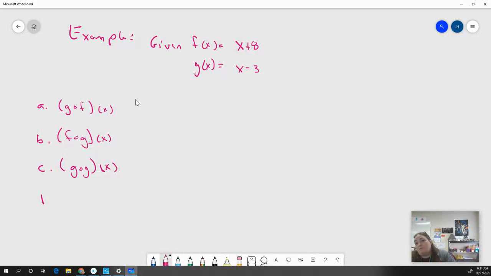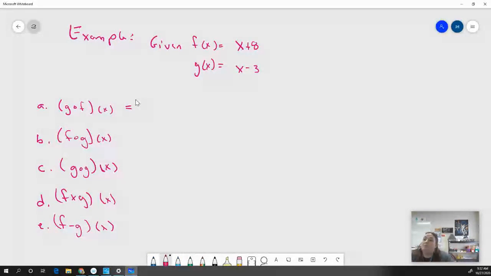And then we'll go D, we'll go with f plus g of x, and we'll go f minus g of x. We'll do each one of these pieces, right? Knowing that f of x equals x plus 8 and g of x equals x minus 3.